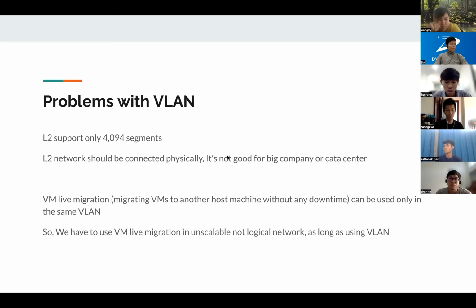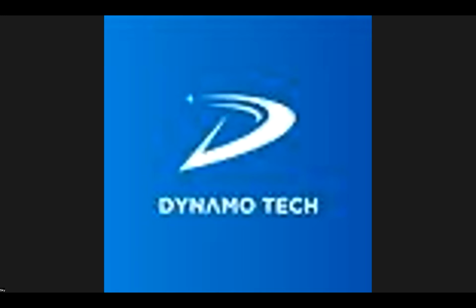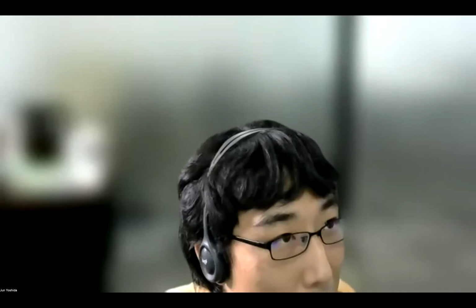So VLAN supports 4094 network groups, L2 networks, but we cannot make more. One group should be in one subnet. I'm sorry if I'm wrong.